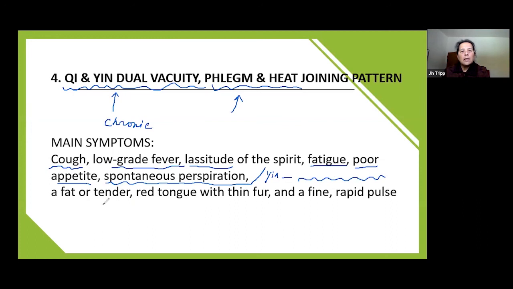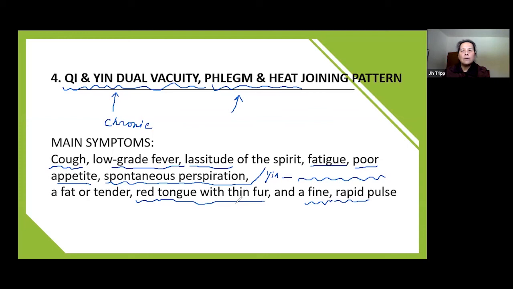And generally say maybe red tongue without coating, or maybe pale tongue with a little bit of coating. It depends on whether it's more yin deficiency or more qi deficiency. But generally the pulse is a deficiency kind of pulse, and maybe a little bit rapid.